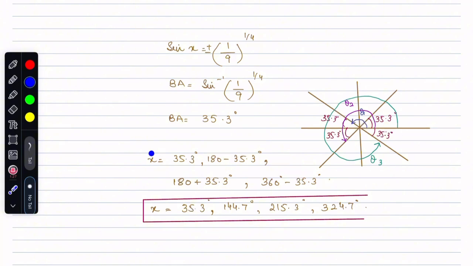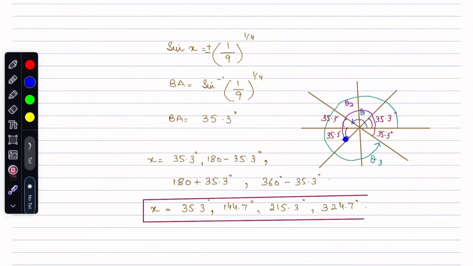Finally, find the general angle, which is x, meaning the complete rotation. So for the first line of rotation, I can see it's just 35.3. For the second line of rotation, I can say it's 180 minus 35.3. Third line of rotation, starting from 0, we shall be going up till this line here.